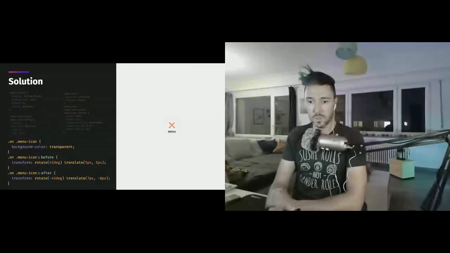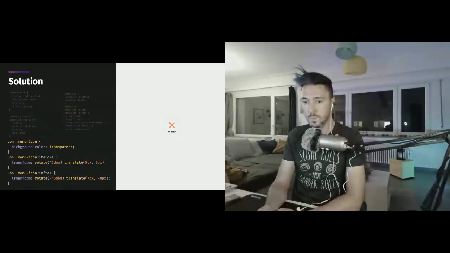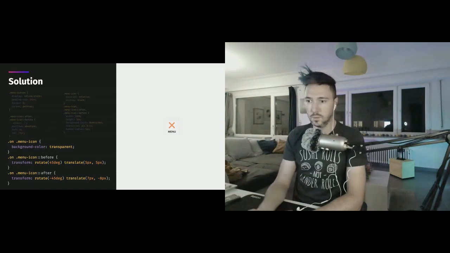And finally, when the button is activated, represented here by my .on selector, the middle dash is made transparent. And the two others are slightly rotated and translated to form this close icon. And as the transition is applied, we have an animation.